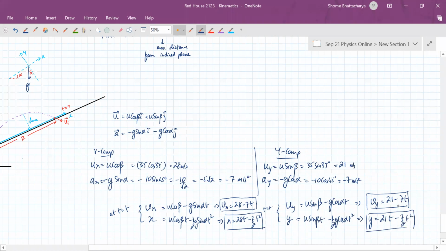Now, these are the four important equations: the components of velocity and the components of displacement as functions of time.